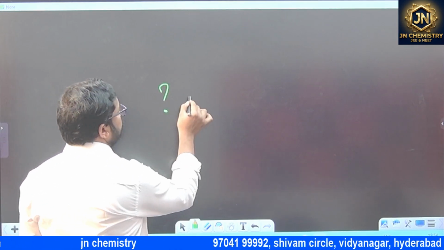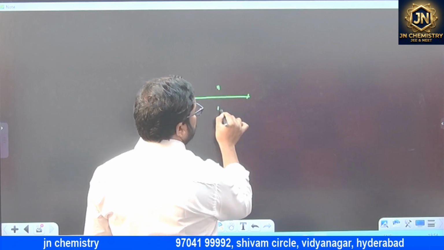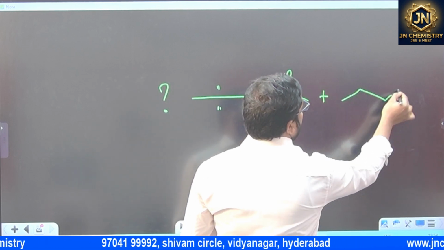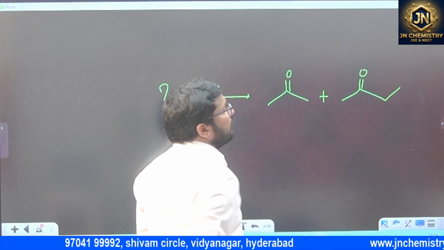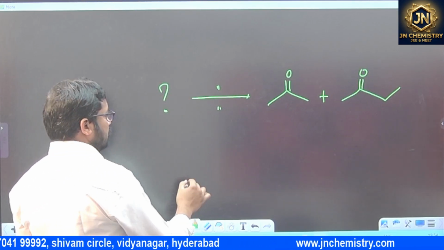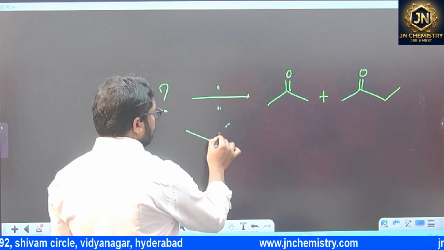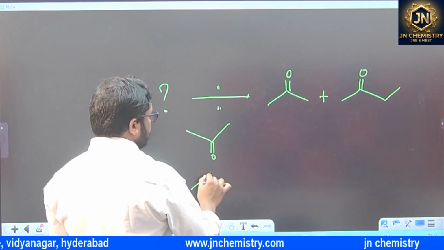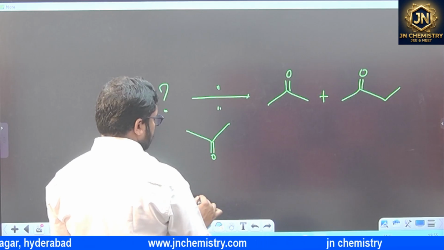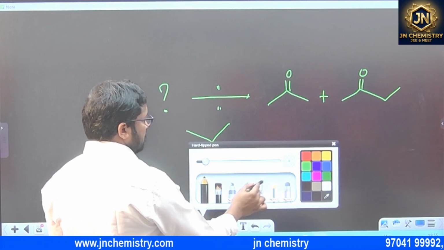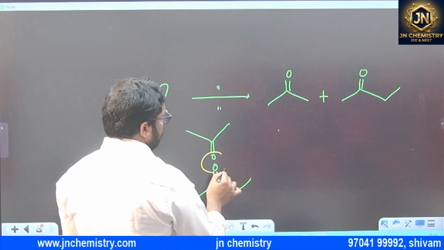For example, the question is like this. Simply what we need to do? For example, this one I am just writing like this. That compound as it is. Double bond O. Right, remove water.